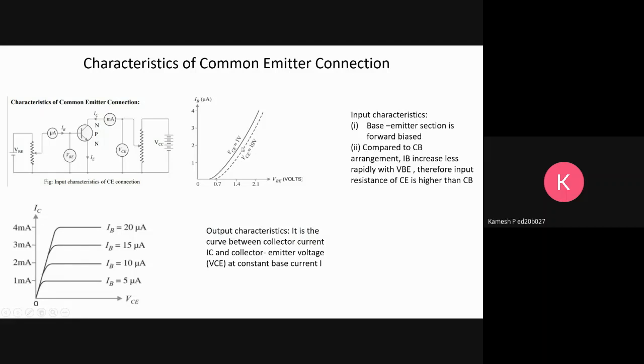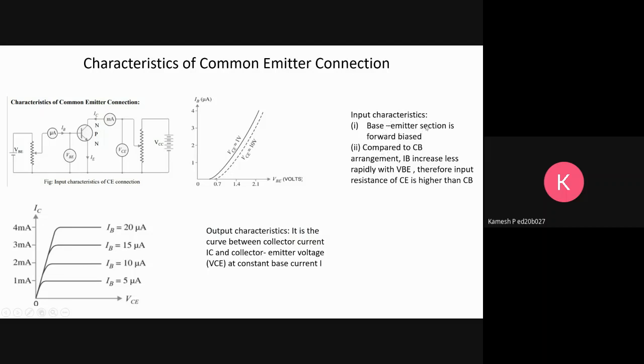In common base connection, we have seen that as the constant value increases, the slope increases, but here the slope is decreasing and the ratio is decreasing. So that is the input characteristics.